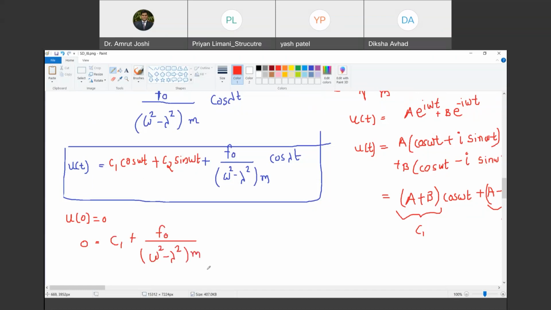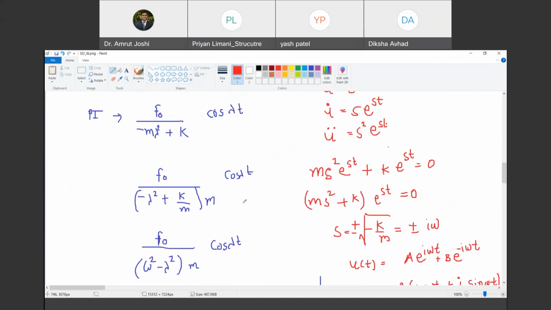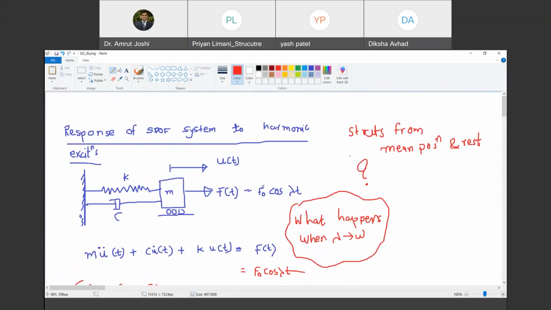What is omega? Natural frequency of the system. What is lambda? Lambda is the forcing frequency. This system has been harmonically driven by a force which has frequency lambda. Are you with me? So lambda is the external frequency of the external load. Omega is its natural frequency. Inherent properties के वजह से जो natural frequency है, that is omega.